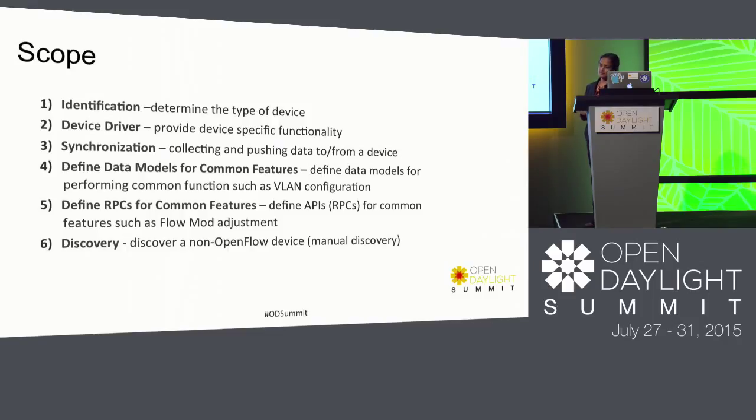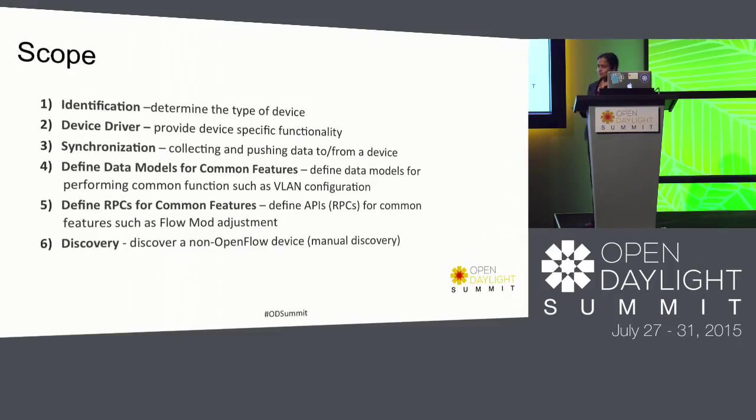Once the component gets notified, it can invoke the appropriate driver and then send the information to the device. That's one way of achieving what we want through these device drivers. The other one is creating services, and then through services define interfaces, and then the applications can use those interfaces and achieve device-specific functionalities. So these are the two different ways of achieving device-specific functionalities in ODL right now.